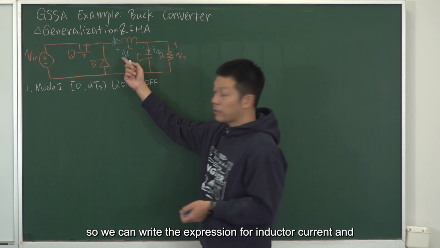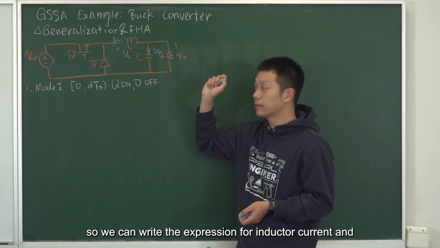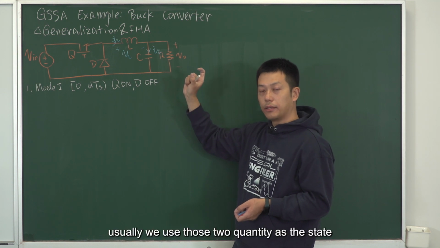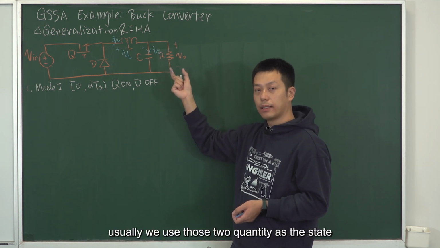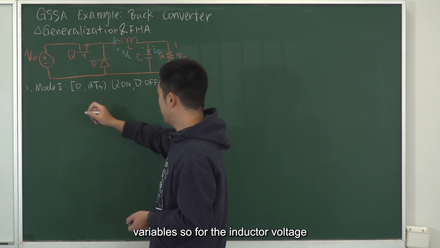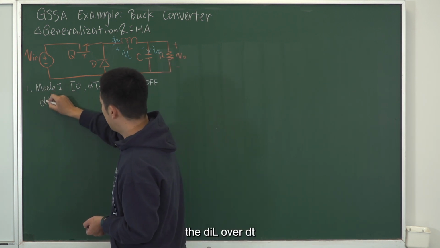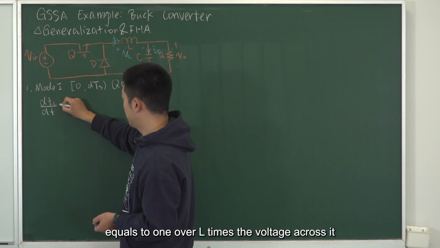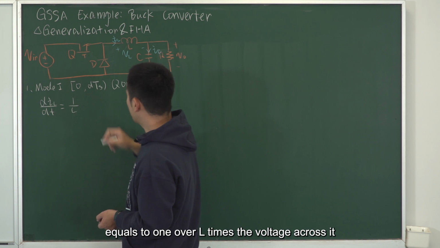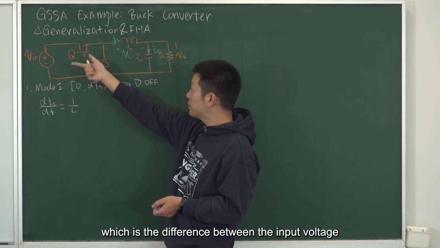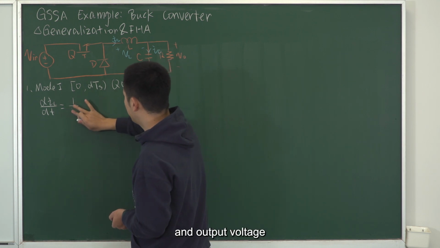So we can write the expression for inductor current and capacitor voltage. As we mentioned earlier, usually we use those two quantities as the state variables, right? So for the inductor voltage, dIL over dt equals 1 over L times the voltage across it, which is the difference between the input voltage and output voltage.